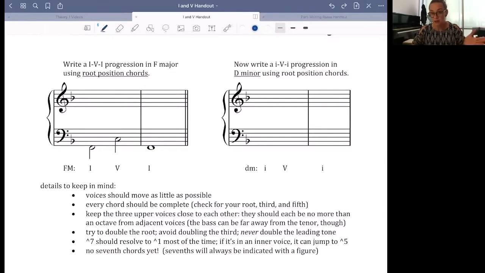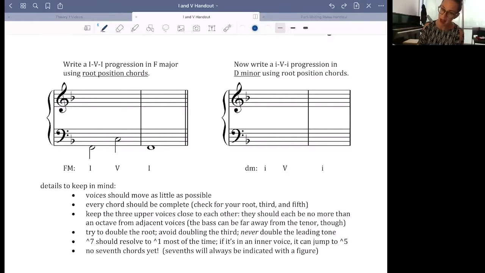Then I'm going to cut you loose to do the D minor progression on your own, and we'll see how you do. But for right now, you are going to get the very methodical preparation for these chord progressions.